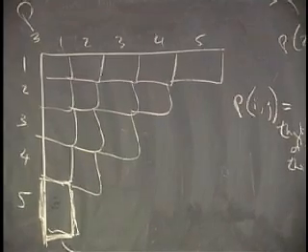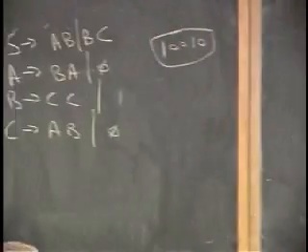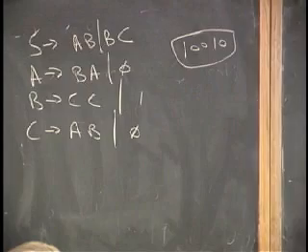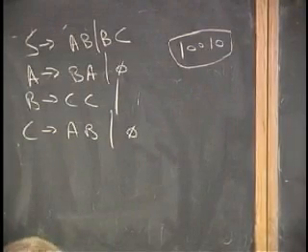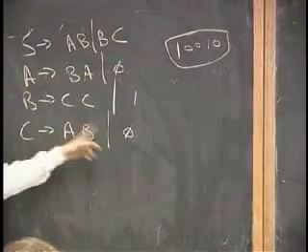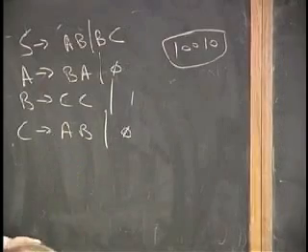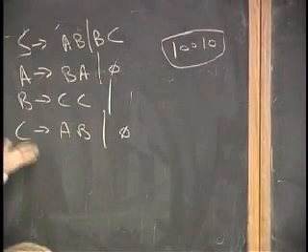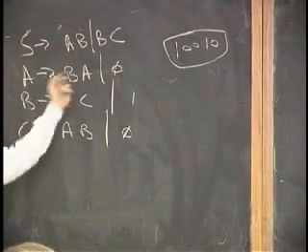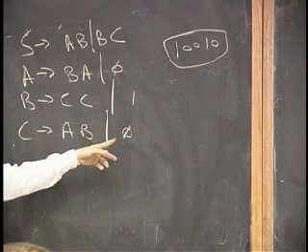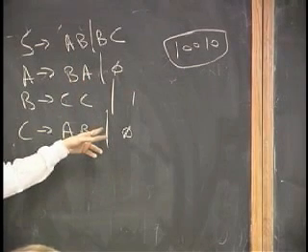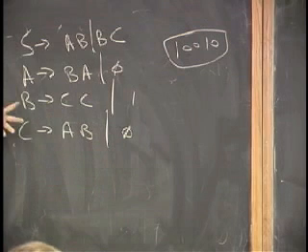What capital letters here can generate a single character? Say the character 0. A can generate 0, C can generate 0. How do you figure it out? Well, this is a Chomsky normal form grammar. Everything's either 2 capital letters or a single terminal letter. If you want to figure out whether a single thing can be generated, all you've got to do is look through the single letter productions.